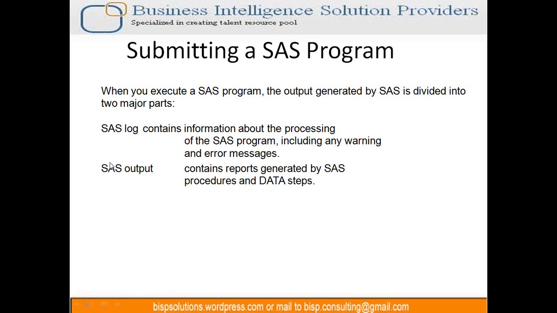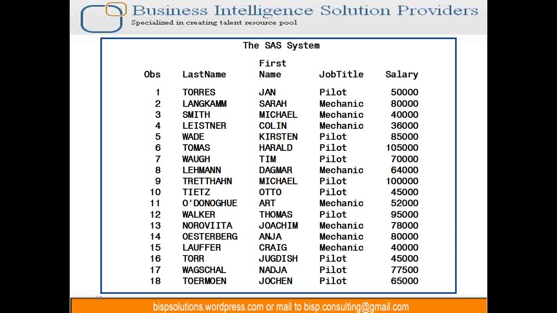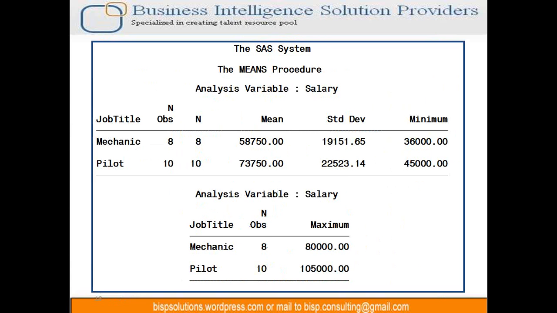Once I executed the program, our log will look like this. This is the log window where we can track everything. And this is the output that we see in the output window, for our simple proc print.